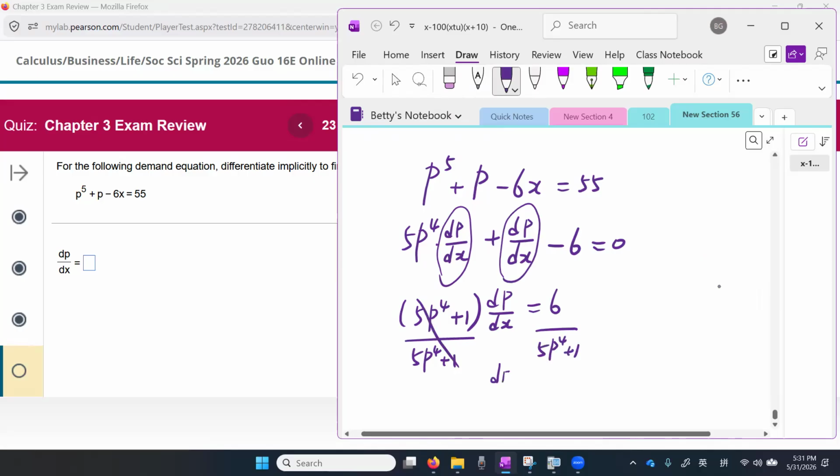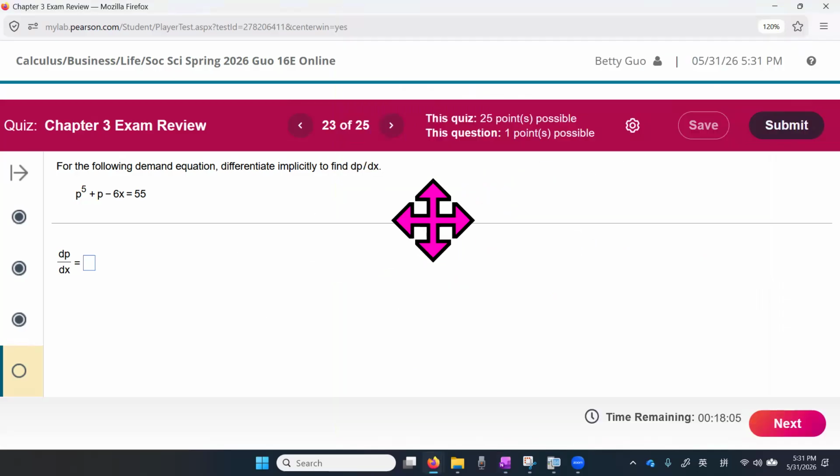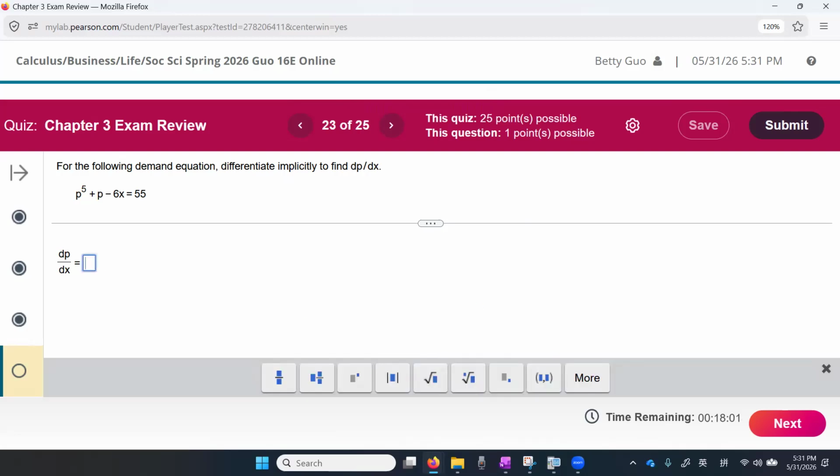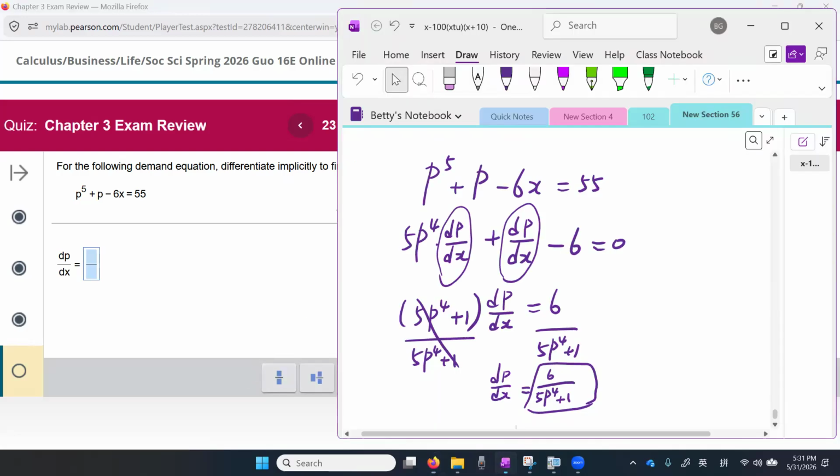We have dp/dx equals 6 over 5p to the fourth plus 1. So that is dp/dx, 6 over 5p to the fourth plus 1.